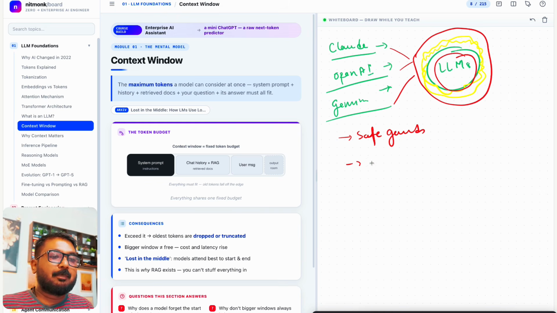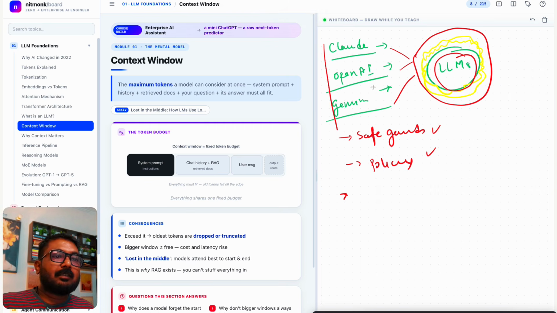Correct. The policies that it has to go through. So you cannot ask for wrongdoing things on ChatGPT or Gemini. That is stopped by the safeguards and policies that are built on top of these LLMs, right? And whenever we communicate, all these things go along, like the system prompt. They have their inbuilt system prompt when we communicate with it.